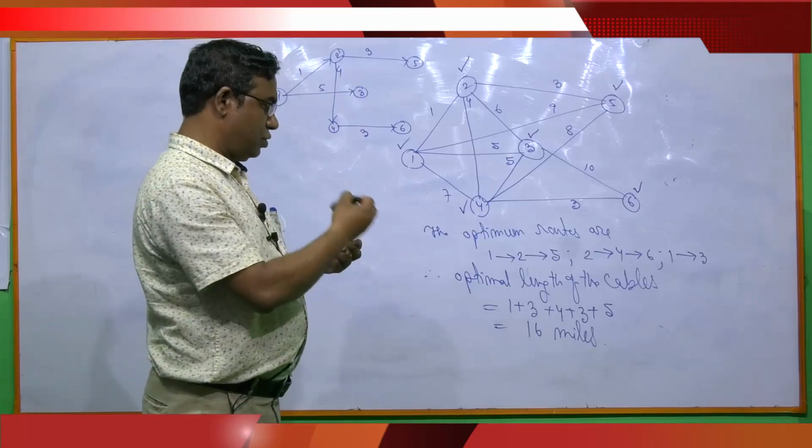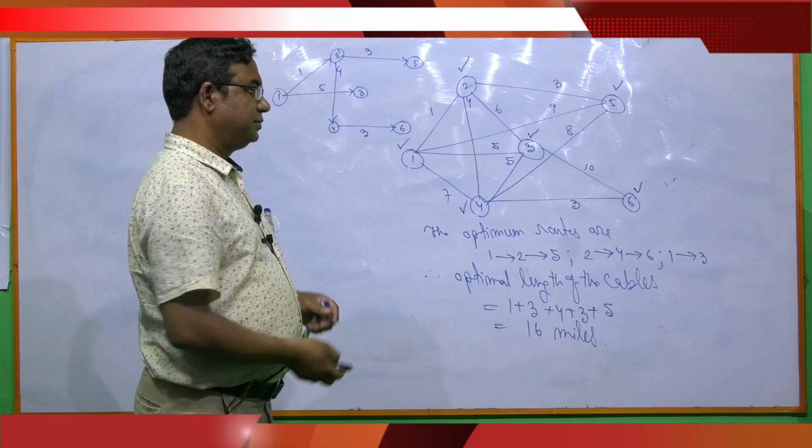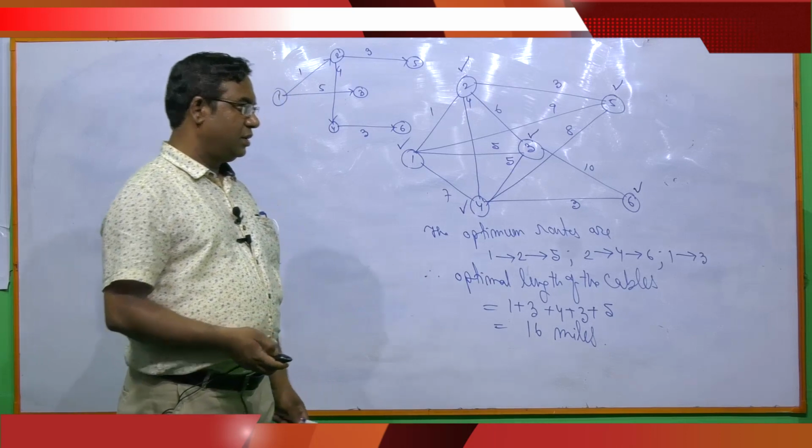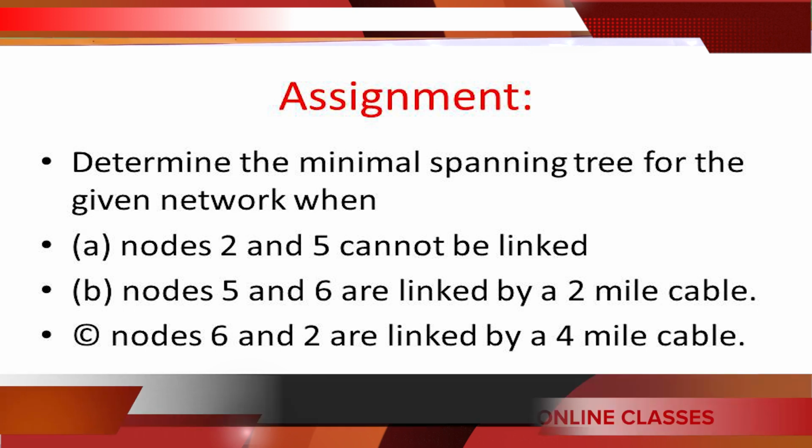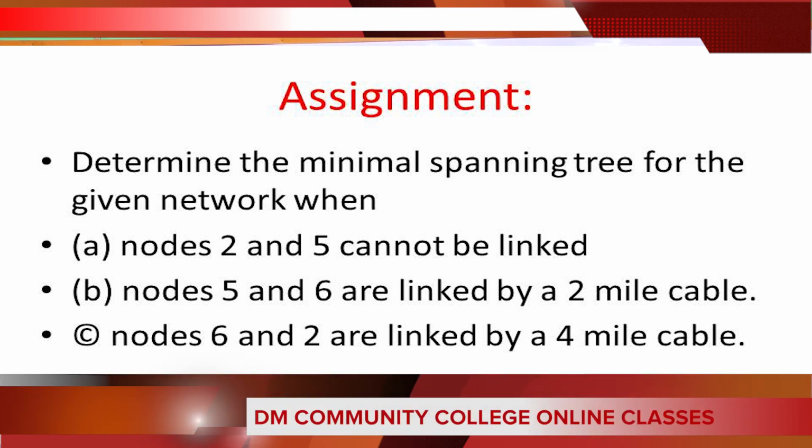So I will give you an assignment. So you try this assignment. Determine the minimal spanning tree for the given network. So you apply the same network when nodes 2 and 5 cannot be linked. Node 2 and 5 cannot be linked, so you remove this line. That is A. B: nodes 5 and 6 are linked by 2 miles.